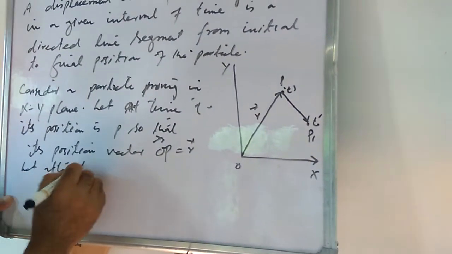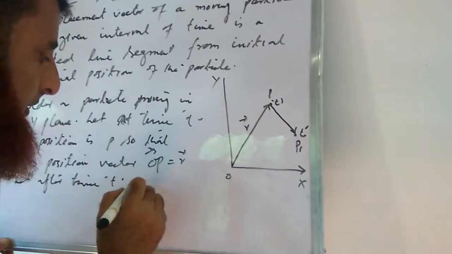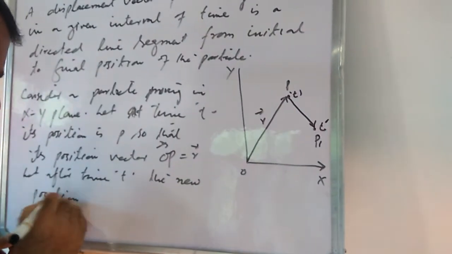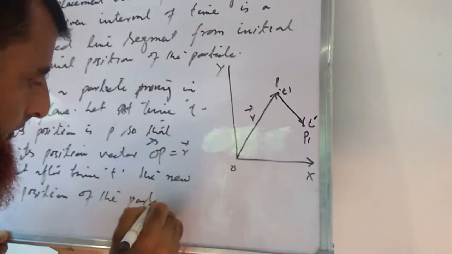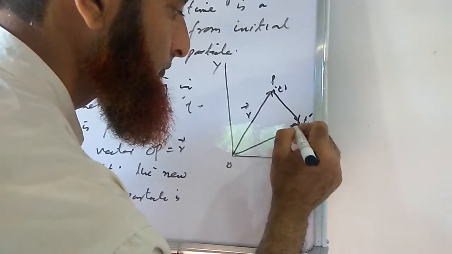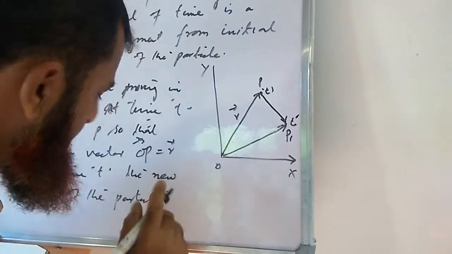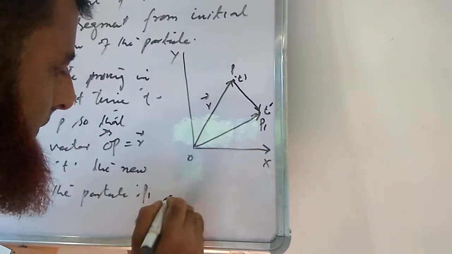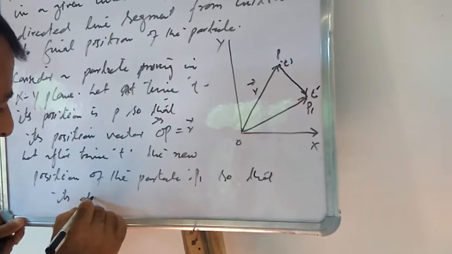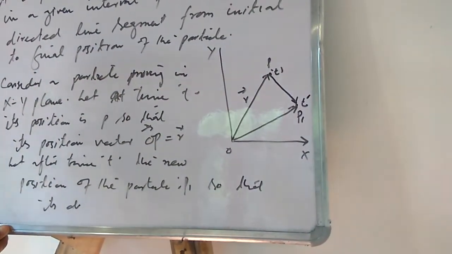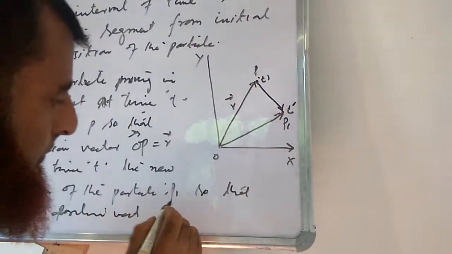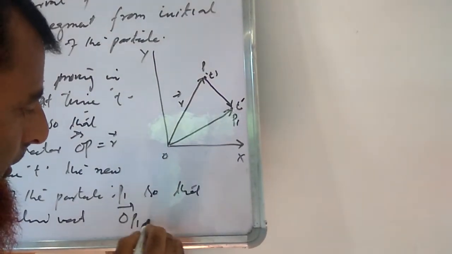Let after time t dash, the new position of the particle be P1, so that its position vector OP1 is equal to R1.